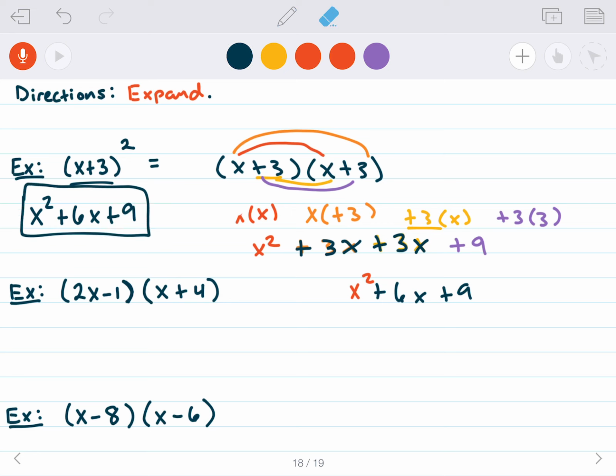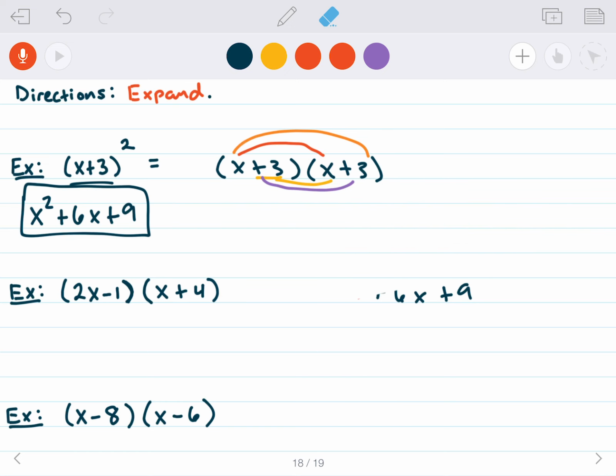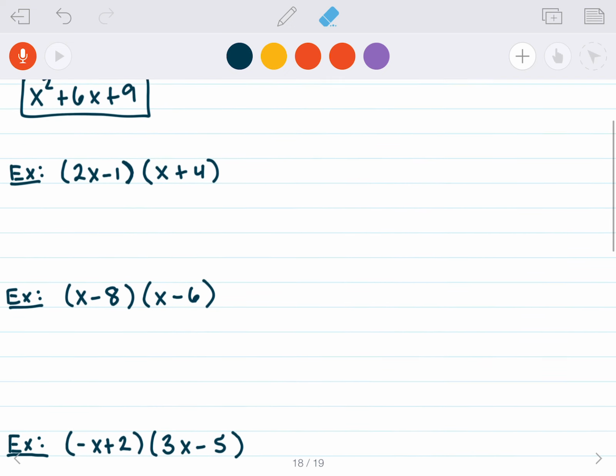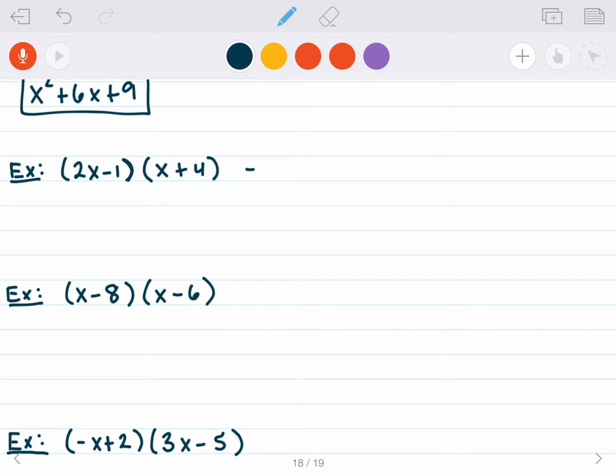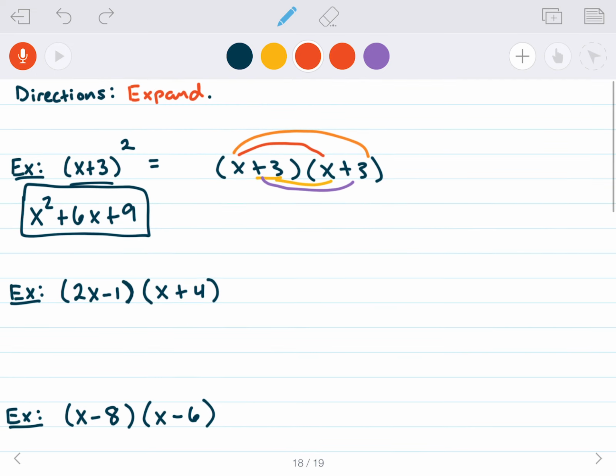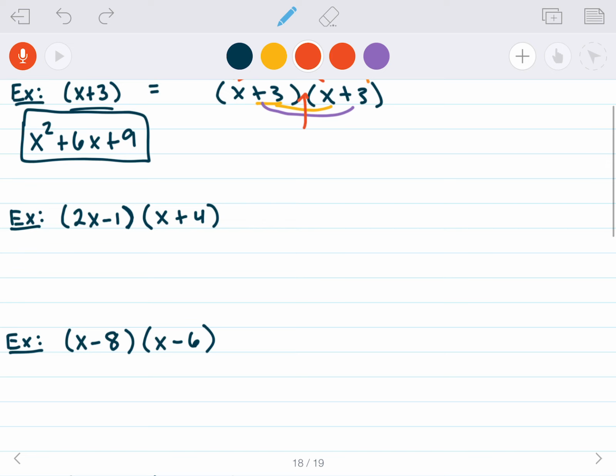Okay, let's do another one. Okay, so first, outer, inner, last. Again, why am I using FOIL? Look, no sign. Up here, I used FOIL because there was no sign when I used the definition of squaring something. So again, no sign, that means multiplication, means use FOIL. So first, 2x times x is 2x squared.